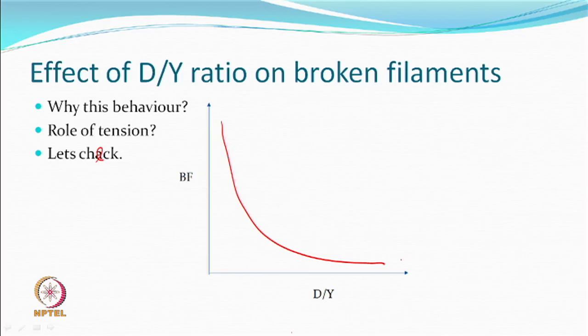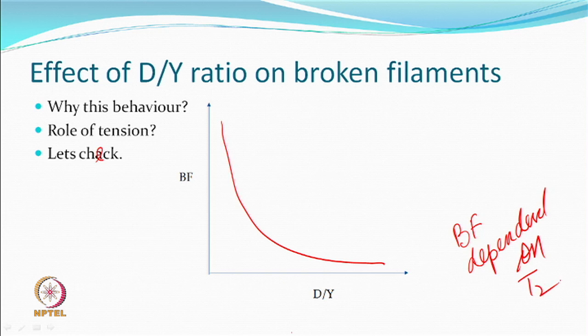So, at least one thing appears, that the broken filaments are more dependent on the T2. Why should it happen?